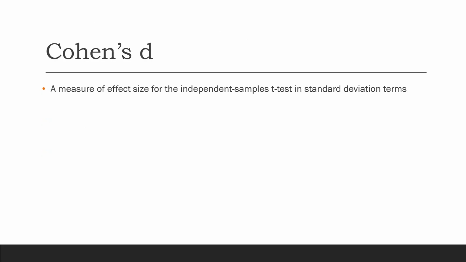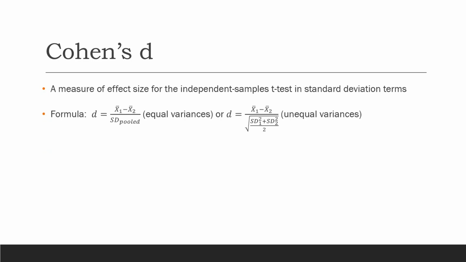The specific statistical index used with an independent samples t-test is known as Cohen's d. Cohen's d is a measure of effect size for the independent samples t-test, measured in standard deviation units. There are a couple of formulas for Cohen's d.